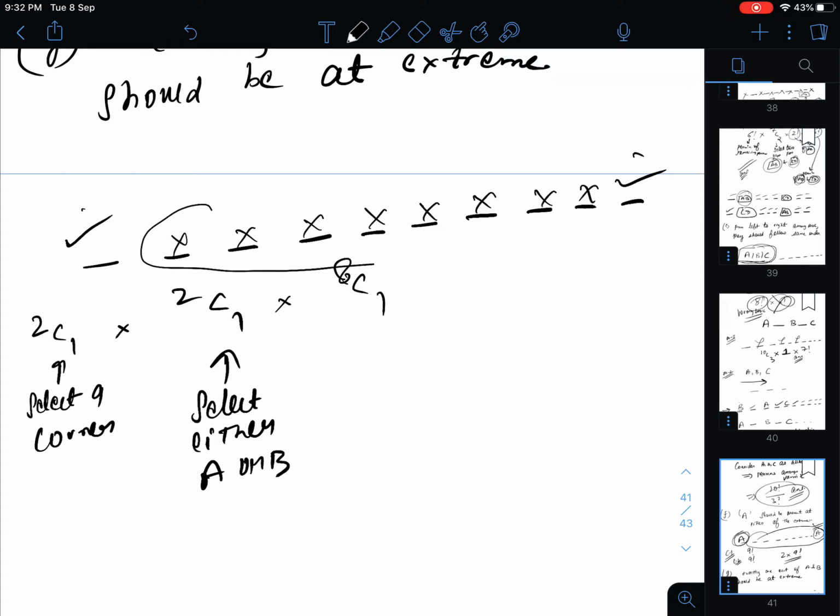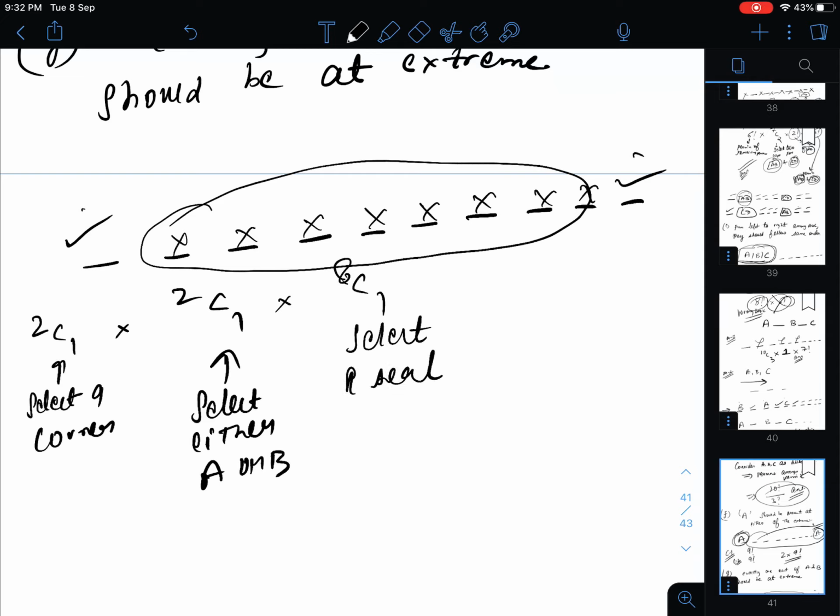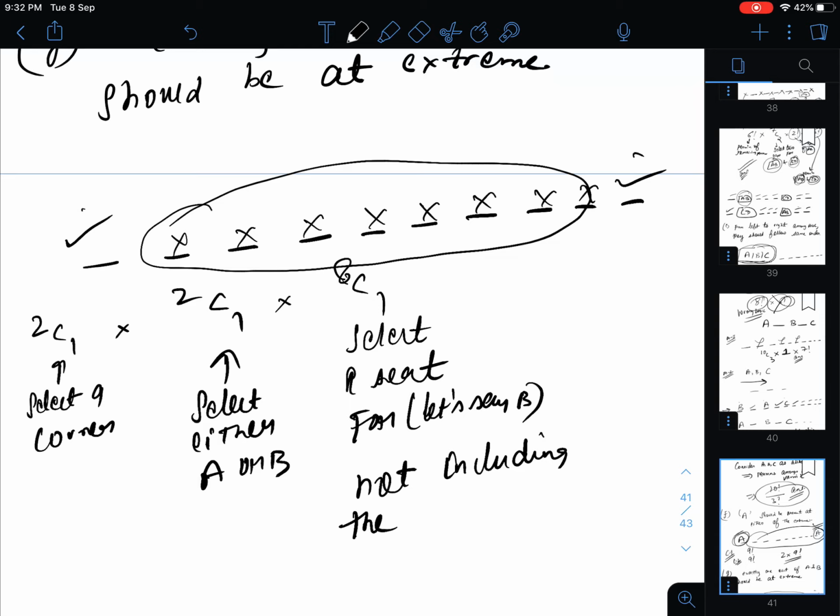So out of these 8 seats, you select one seat where you put the remaining person from A and B. Select a seat for, let's say, B, not including the leftover corner.